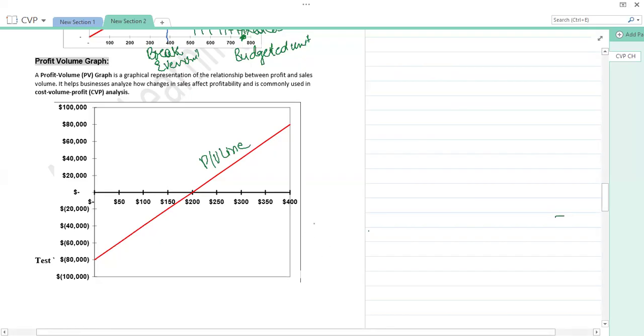And you have y and y dash. This is y dash, this is y, and this is the point of origin. At y, you have profits. This is your profit. And at y dash, you have loss.